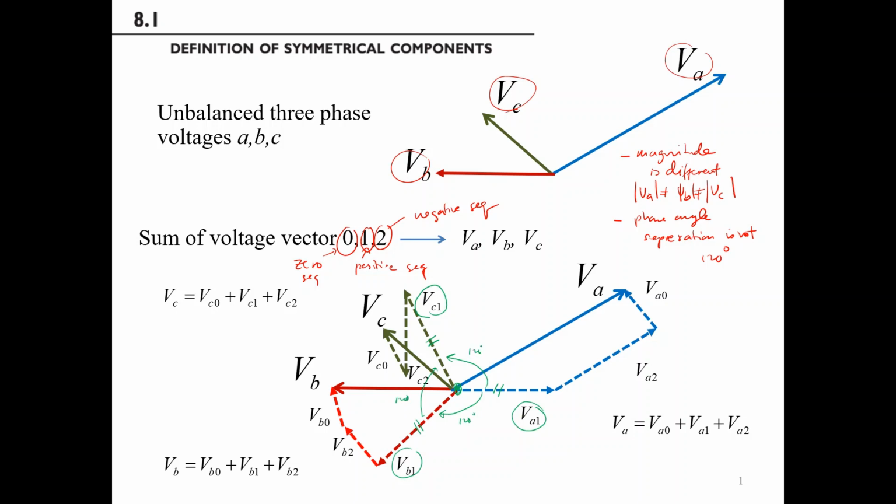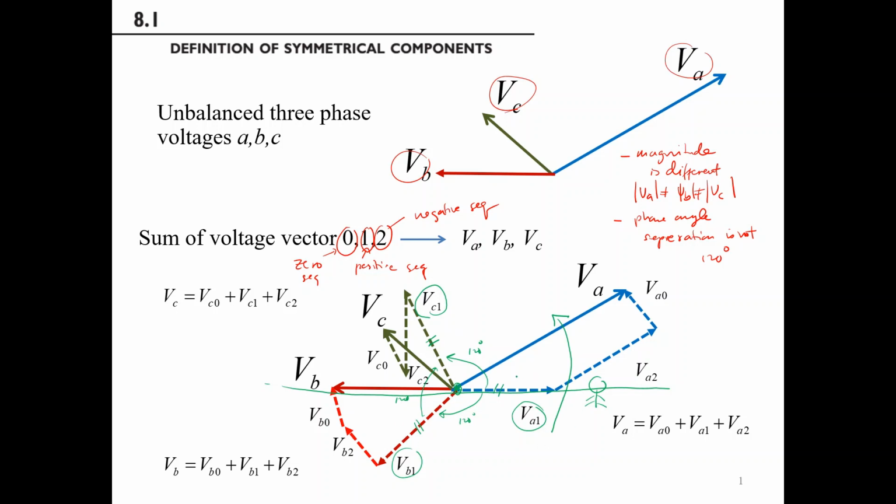And the positive sequence means that you stand at the zero reference and rotate the vector counterclockwise, and you see the A phase entering the goal first, followed by B and followed by C.